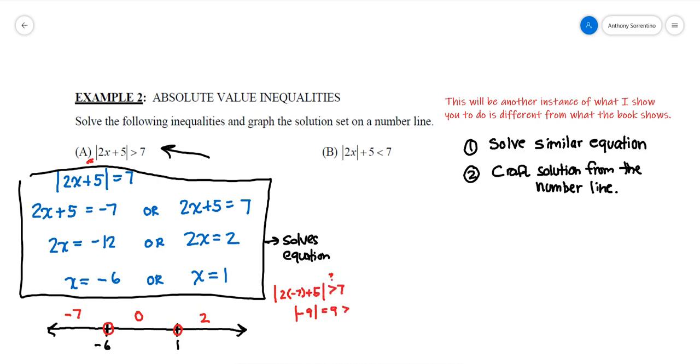Is that greater than 7? And yes it is. So that means that negative 7 makes the original inequality true, which means anything in this first region should also do the same thing. So I'm going to shade in the number line.